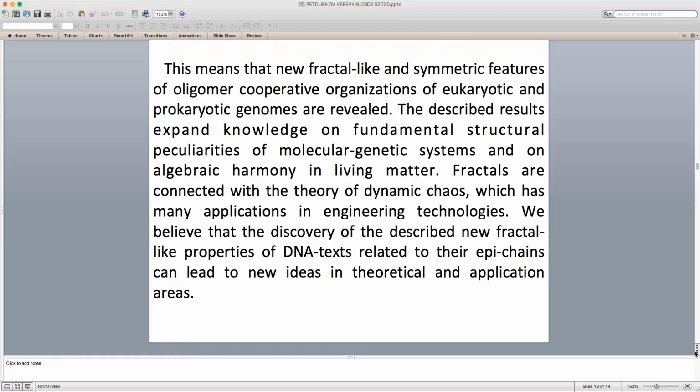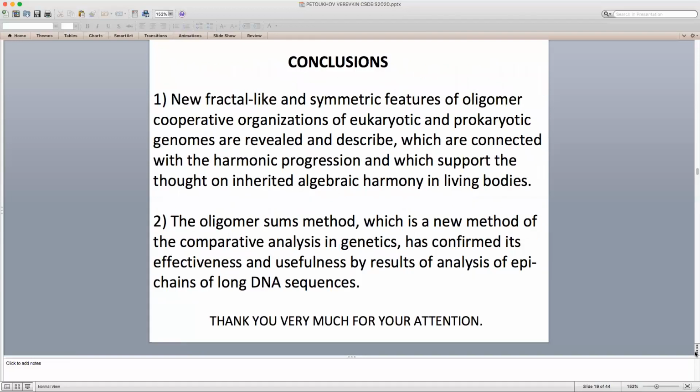Fractals are connected with the theory of dynamic chaos, which has many applications in engineering technologies. We believe that the discovery of the described new fractal-like properties of DNA texts and their epi-chains can lead to new ideas in theoretical and application areas.